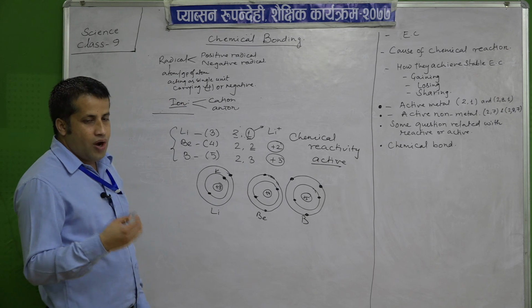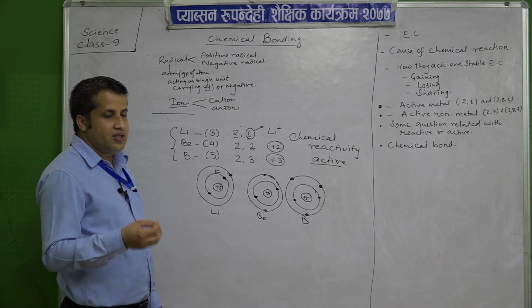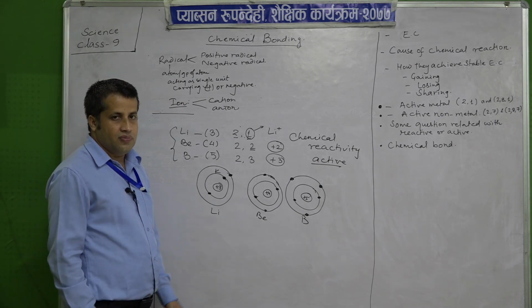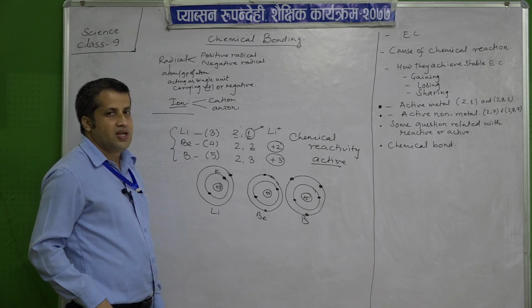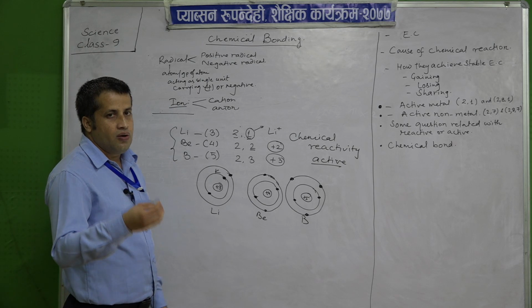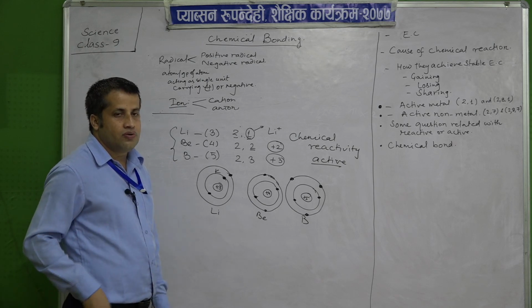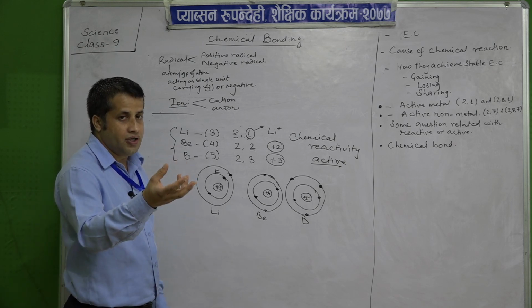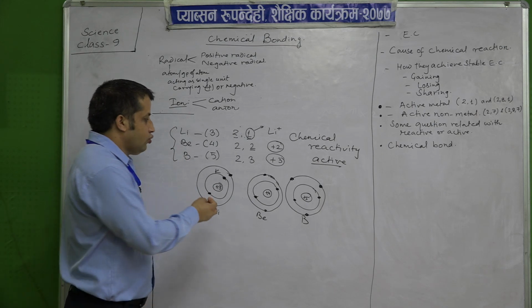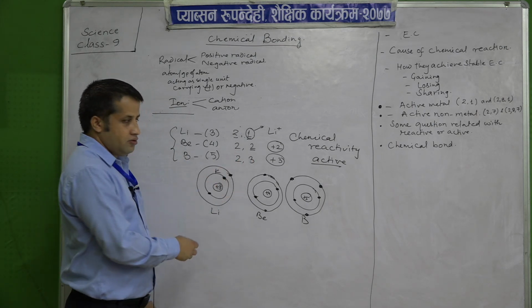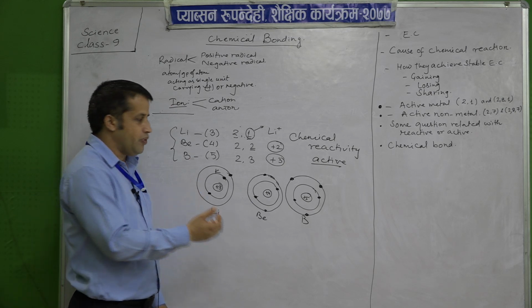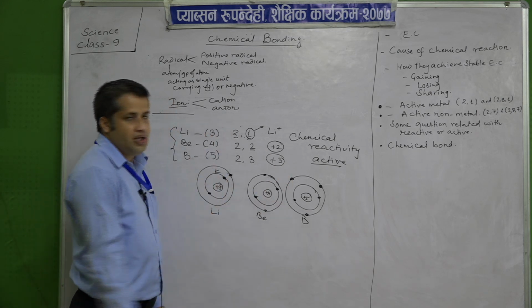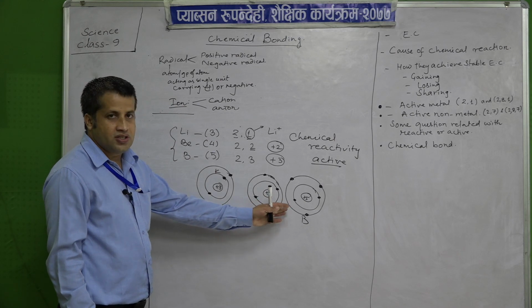If they want to give money, who will easily give rupees to the other? If you have only 1 rupee, you have a tendency to give it easily as compared to giving 3 rupees. Like that, to lose 1 electron from the outermost shell is much easier as compared to losing 3 electrons from the outermost shell.